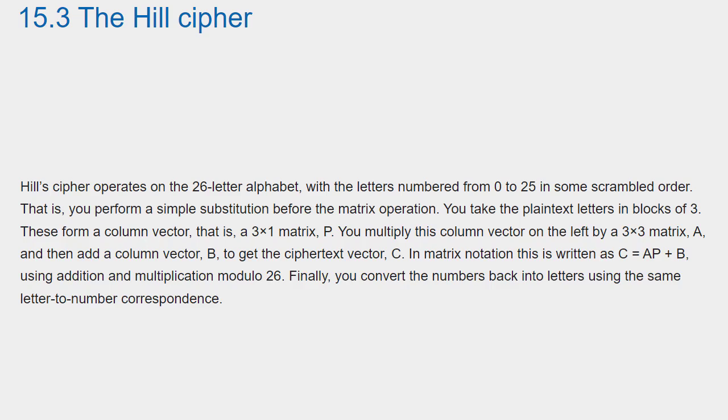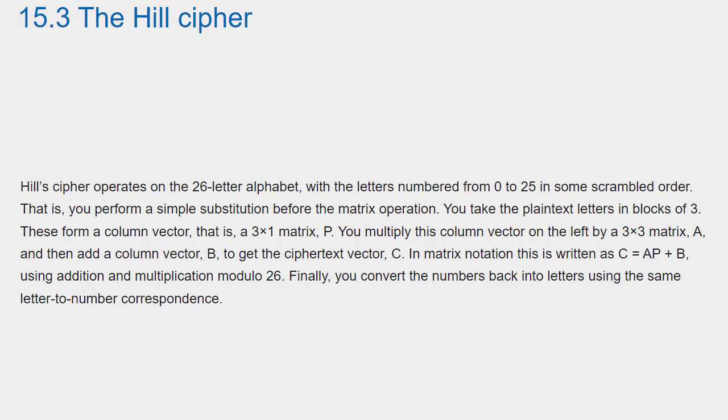Hill's cipher operates on the 26-letter alphabet, with the letters numbered from 0 to 25 in some scrambled order. That is, you perform a simple substitution before the matrix operation. You take the plain text letters in blocks of 3.